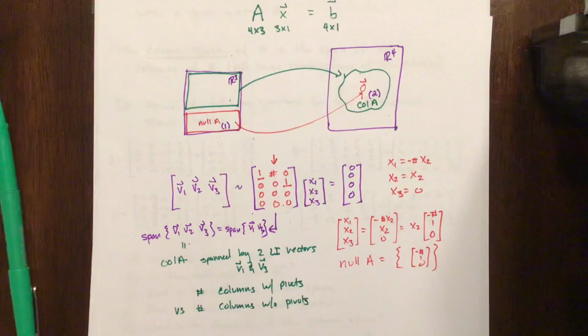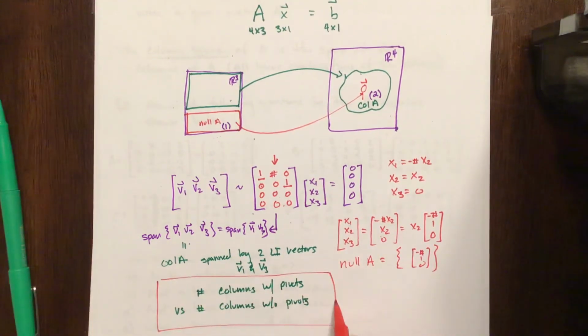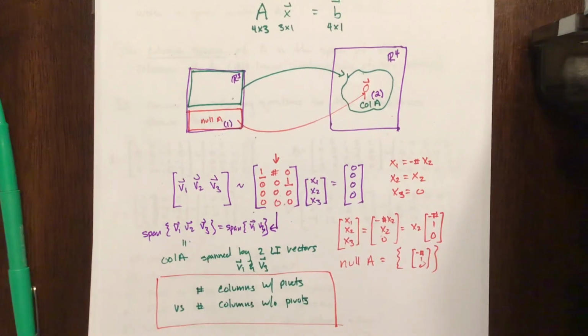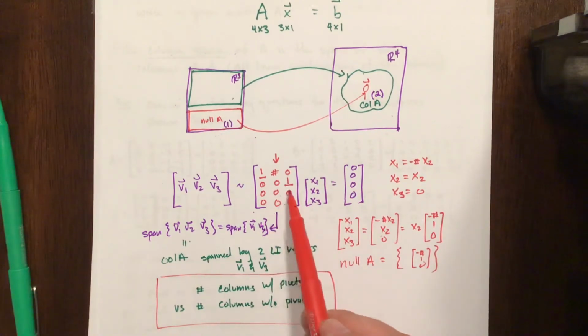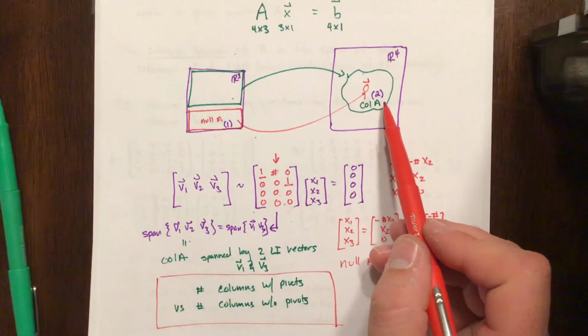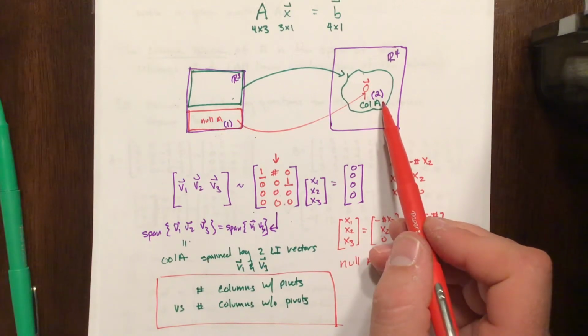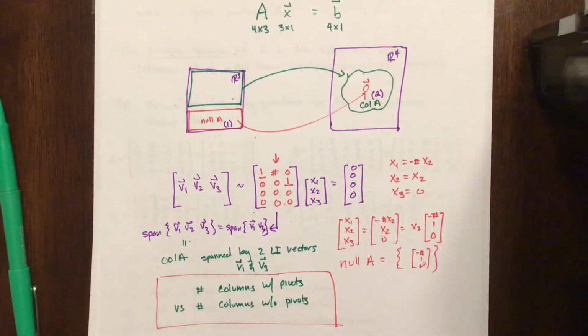So I'll put that in a box here. So looking at the number of columns with pivots, there's 2 of them. That's pertaining to the dimension of my column space of A. Versus the number of columns without pivots, there's 1 of them.